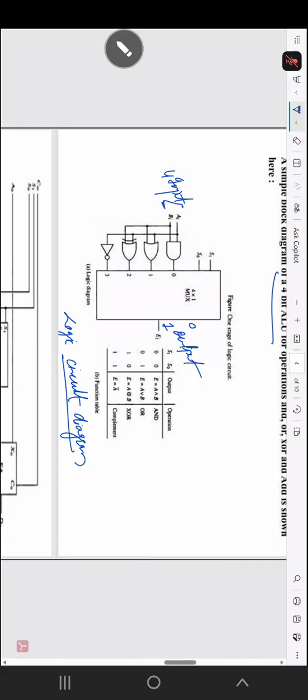So AI and BI are the input variables. The operation to be performed is selected using the selection inputs S0 and S1.